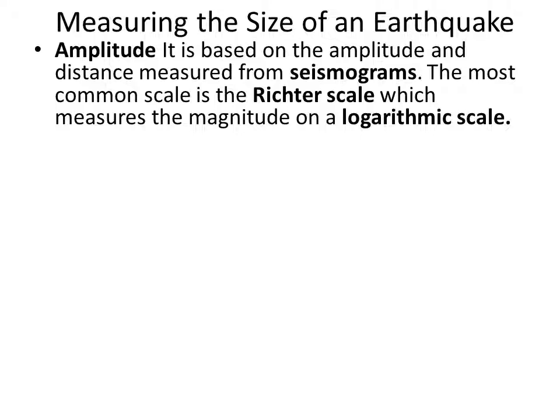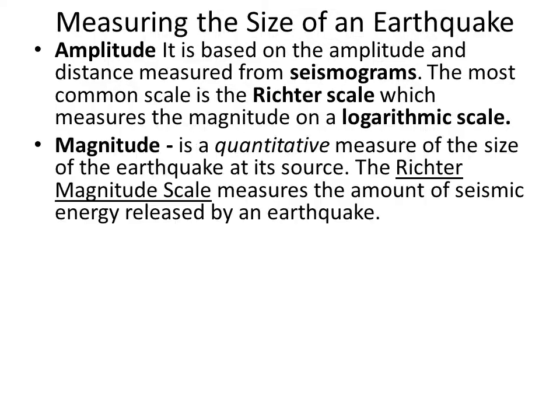Because of the logarithmic basis of the scale, each whole number increase in magnitude represents a tenfold increase in measured amplitude. As an estimate of energy, each whole number step in the magnitude scale corresponds to the release of about 31 times more energy than the amount associated with the preceding whole number value.